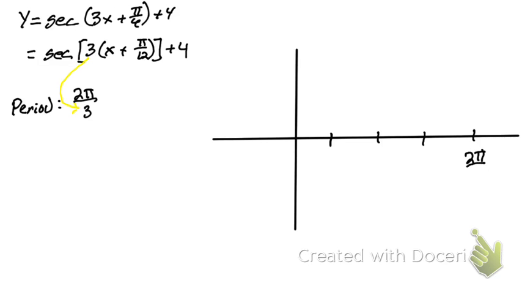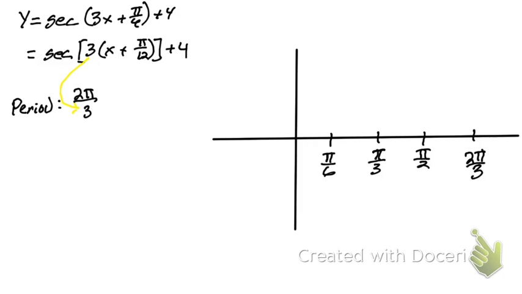Do my 2 pi over 3. That's a better 3. Divide that by 2 and you'd have pi over 3. Divide that in half and you'd have pi over 6. Multiply that by 3 and you have 3 pi over 6, which is pi over 2. Am I okay so far? Oh, yeah, okay.